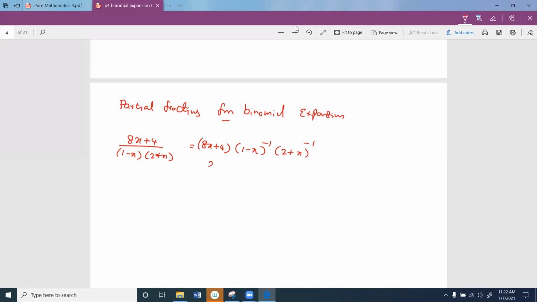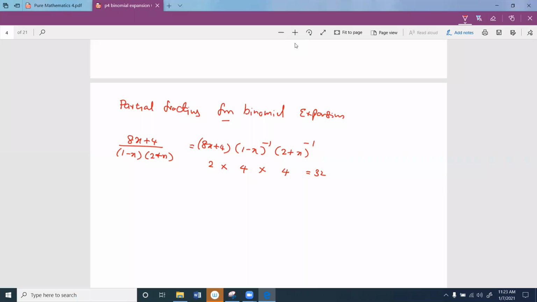There are 4 terms from 1 minus x to the power minus 1, and another 4 terms from the other. Then you have to multiply all of these terms, and you get 16, and 16 into 2 is 32 terms of the expansion to get the final answer.